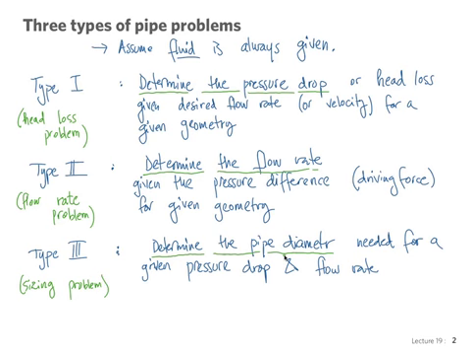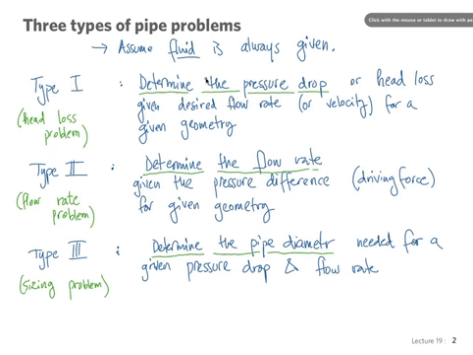That makes sense? Now, problem 1, as you saw last lecture, is quite easy to solve. We just go into the Moody chart, or if you have a little program that uses one of the empirical formulas that approximates the Moody chart, then you can get out of there the friction factor with your velocity and so on, calculate your Reynolds number for the given geometry and velocity, and you get your pressure drop.